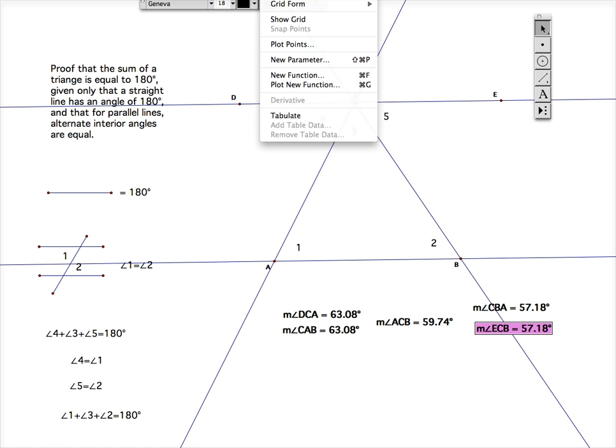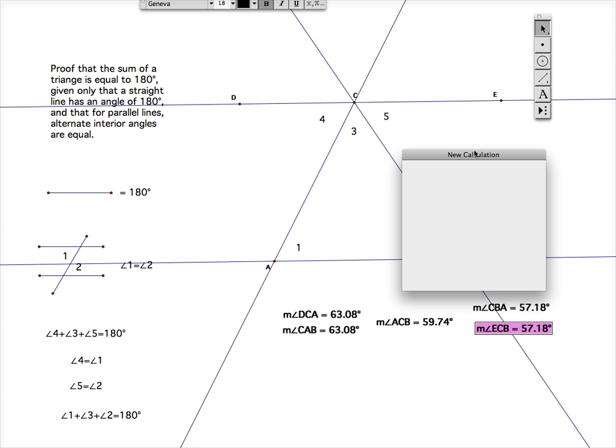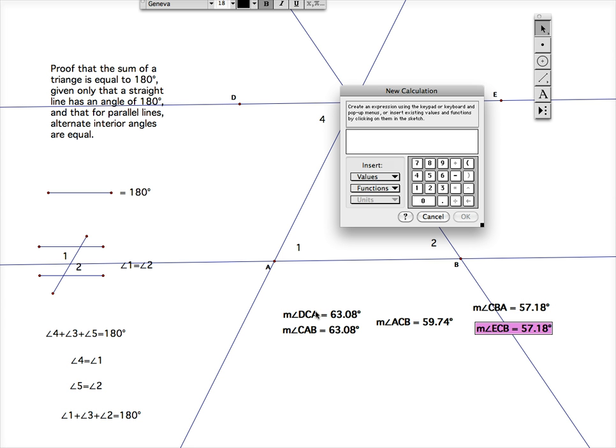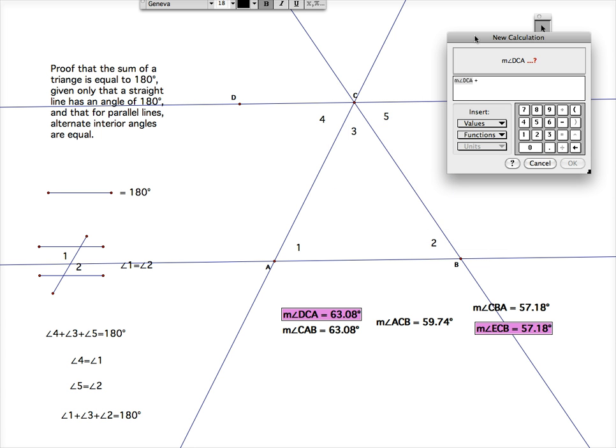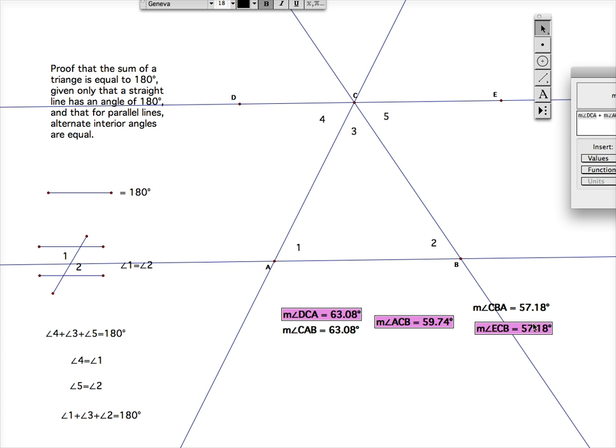I can now use a calculator, and I can add angle DCA, which represents angle 4, to angle ACB, which is angle 3, and I can add that to angle ECB, which is angle 5, and we see it's 180.